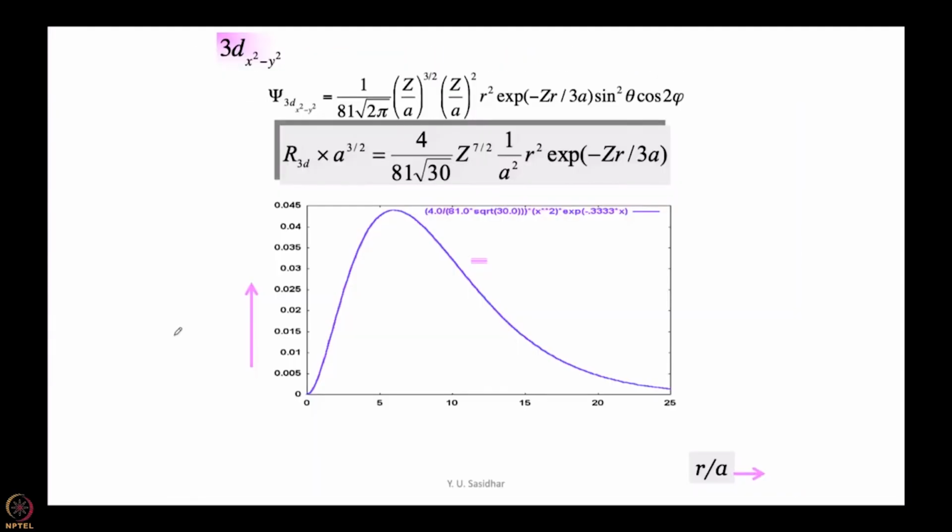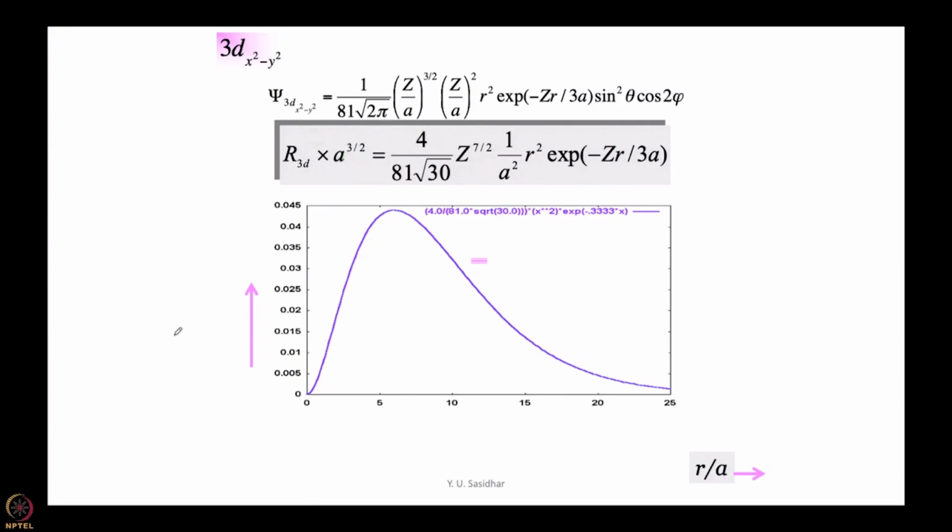Okay. Now, before talking about d orbitals, let me remind you of something we said in the previous module. Only one d orbital comes out to be real when we solve the Schrodinger equation in the way that we have discussed, and it is not the 3d x square minus y square orbital. It is the 3d z square orbital. For the 3d z square orbital, m is equal to 0, so it is a real orbital.